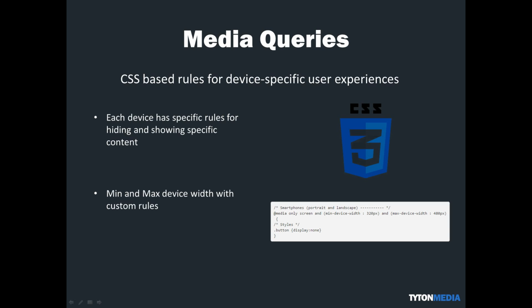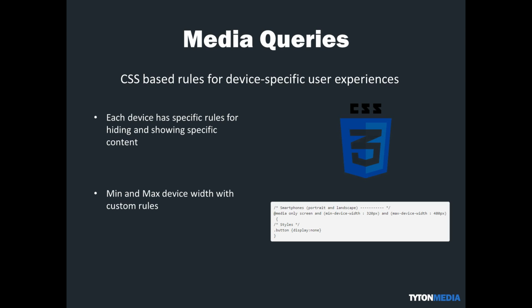So we've had an example here that just has a button class and is hiding it. So for this example, if a smartphone, whether it's portrait or landscape, comes to our website, it's going to hide this button class. This is a very simple example, but we just wanted to give you an idea of what media queries are and kind of what you can do with them.